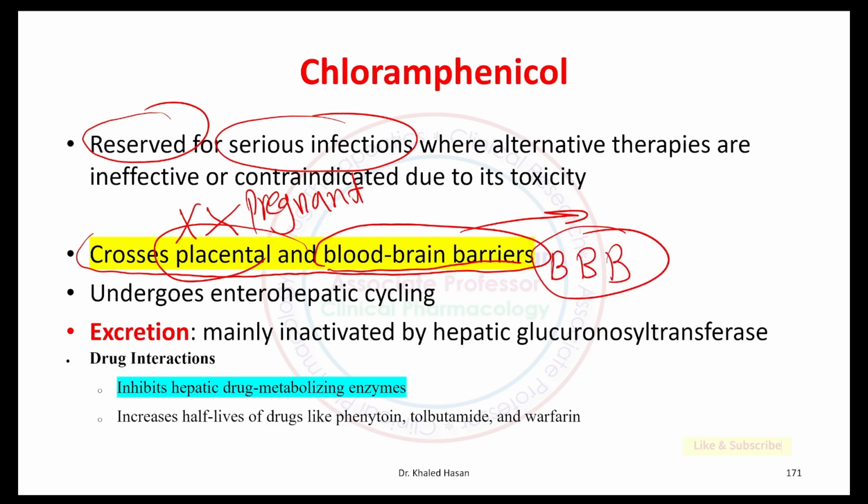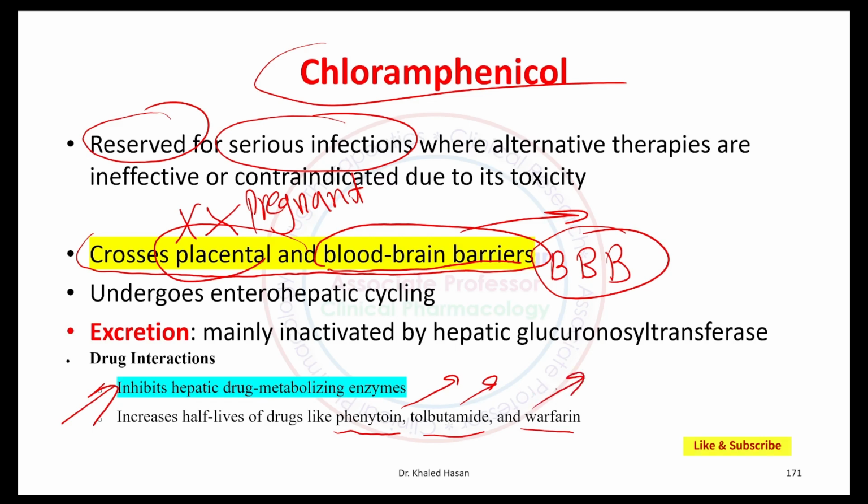We also need to remember that chloramphenicol inhibits microsomal enzymes, and this will increase the possibility of toxicity from phenytoin, warfarin, or tolbutamide. Phenytoin is a medication for epilepsy, tolbutamide is a medication for type 2 diabetes, and warfarin is an oral anticoagulant.